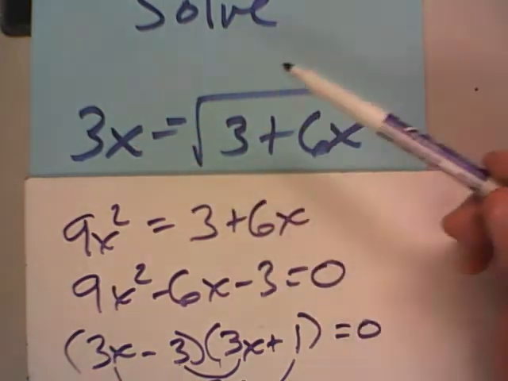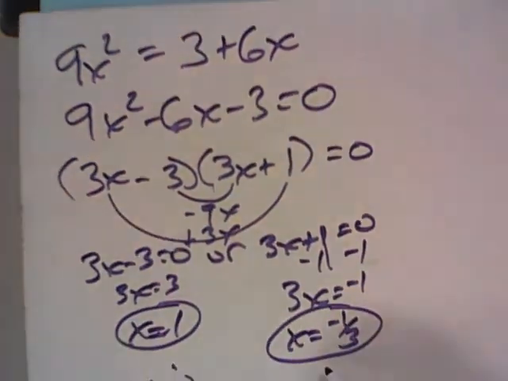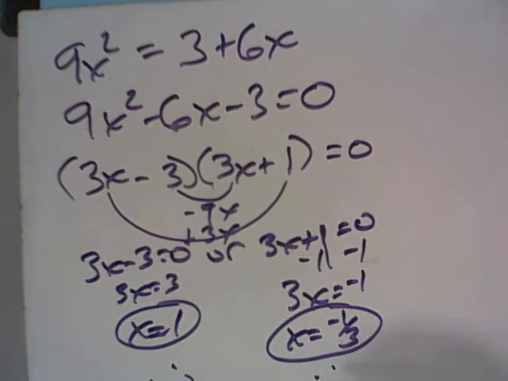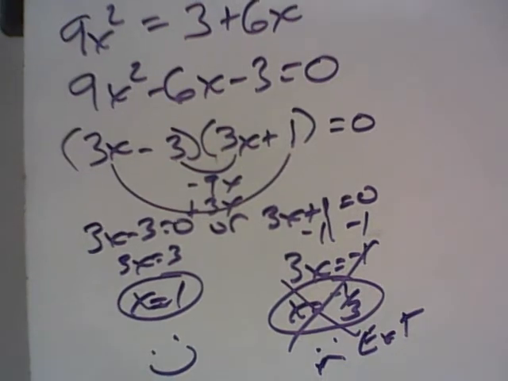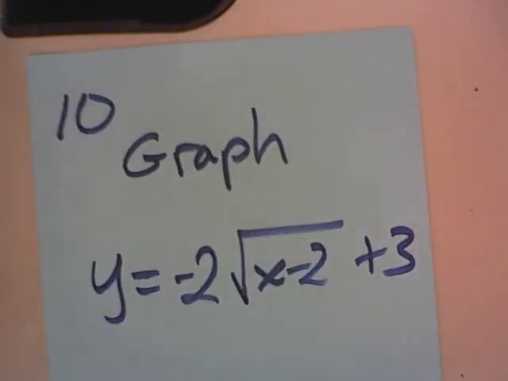And I can't take the square root of this and get a negative number, because I want the principal root, which means this is not a real solution. It's extraneous, and so it's really not a solution at all. All right? So that's number 9, and the correct answer, as we said, is 1.